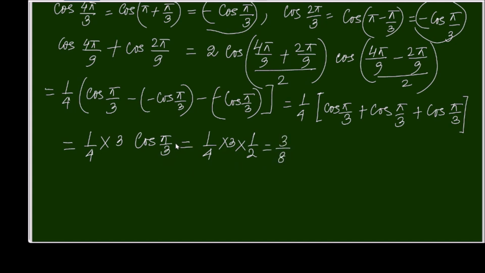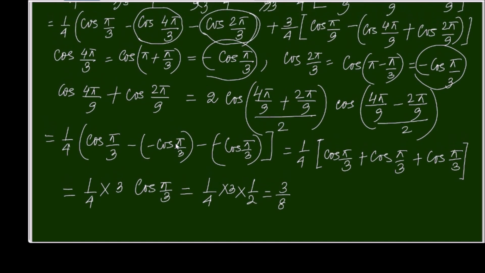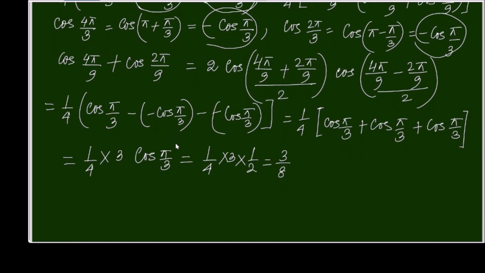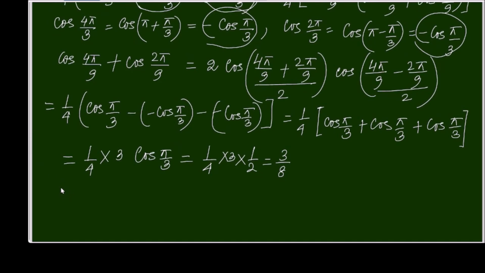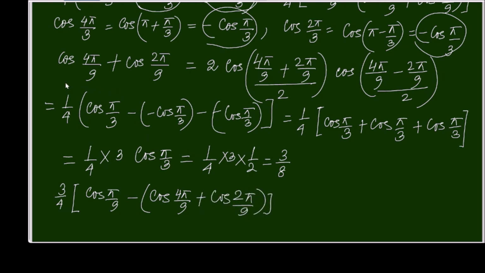Now coming to the second term. The second term is 3 by 4 whole into cos pi by 9 minus, within bracket, cos 4 pi by 9 plus cos 2 pi by 9. We discussed the formula I will apply here. This is the result.